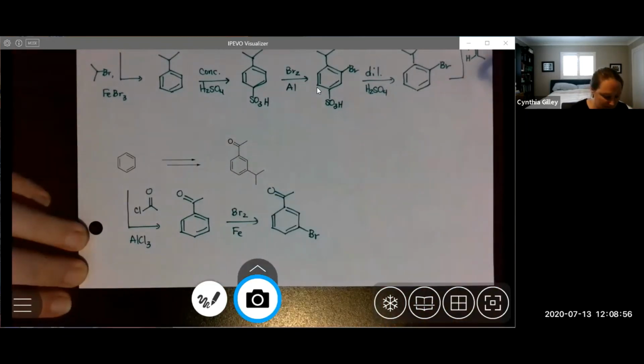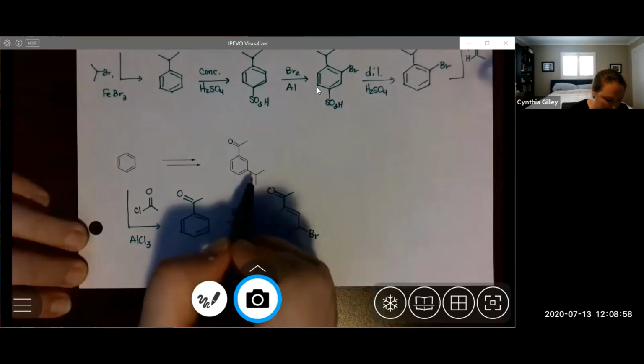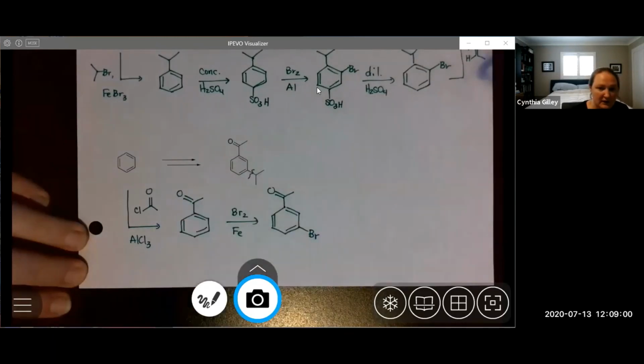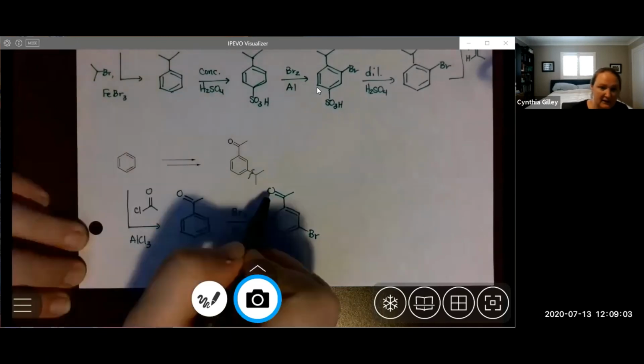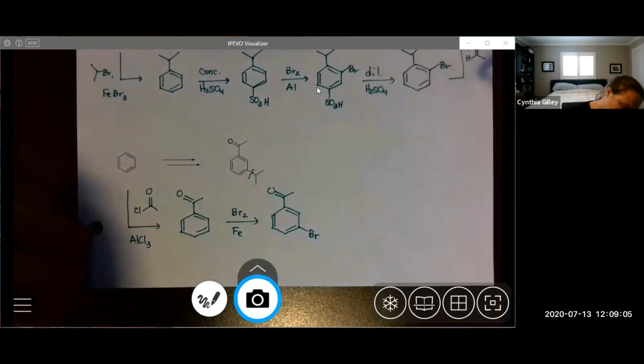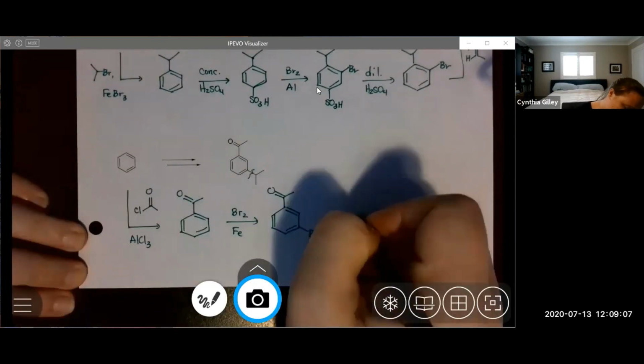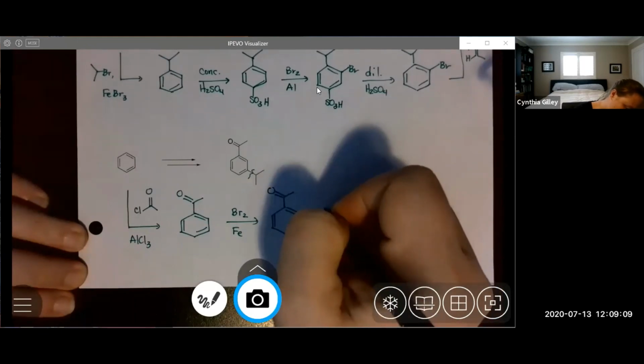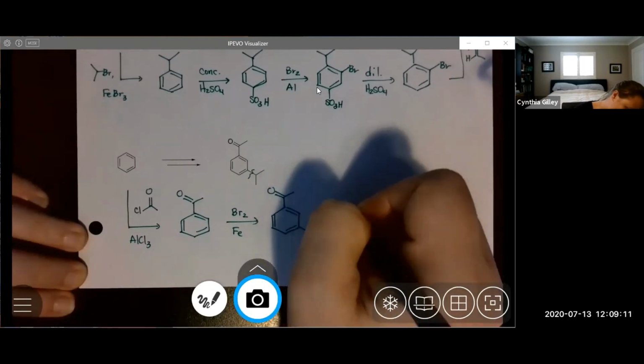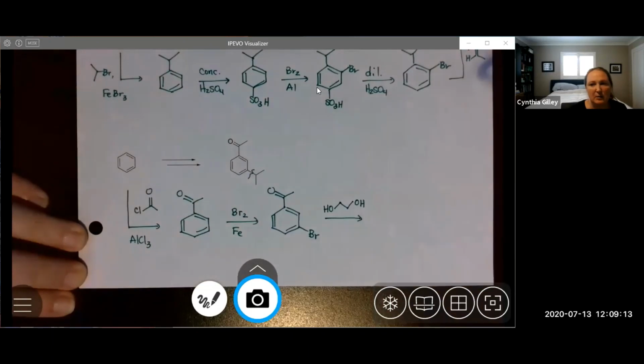If I'm going to be forming this carbon-carbon bond via a Grignard reaction, then I need to protect the ketone on the top. So one way to do that is through use of an acetal. Usually, as a protecting group, we use the cyclic acetal.